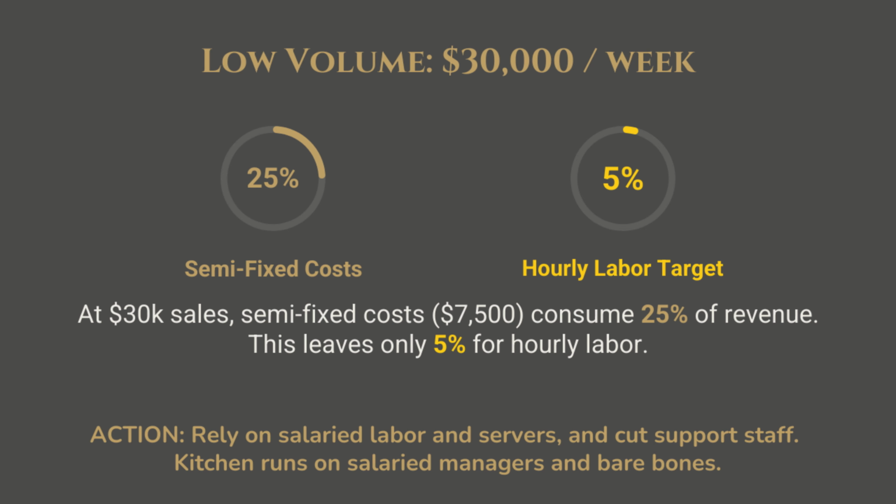At this level, managers must operate extremely lean. That means relying heavily on salaried management, maintaining minimal support staffing, and scheduling only what is absolutely necessary to maintain operations and service standards. The key takeaway is that lower sales volumes require tighter labor control and much more intentional staffing decisions throughout the shift.